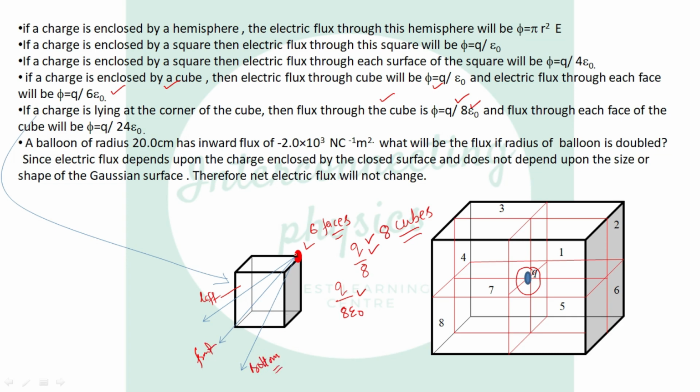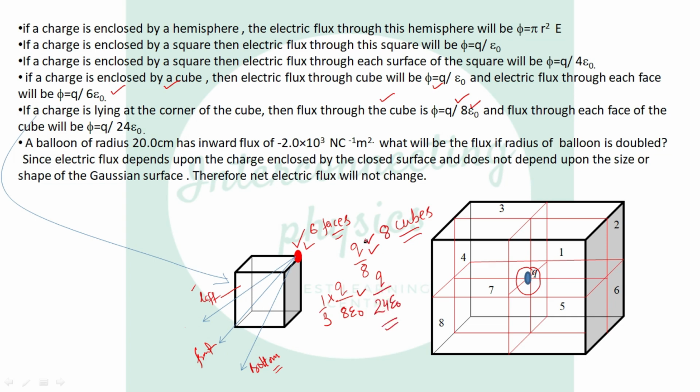So the electric flux through each surface when charge is present at the corner will be 1 by 3, because through 3 surfaces electric field lines are passing normally. So answer will be q divided by 24 epsilon naught.